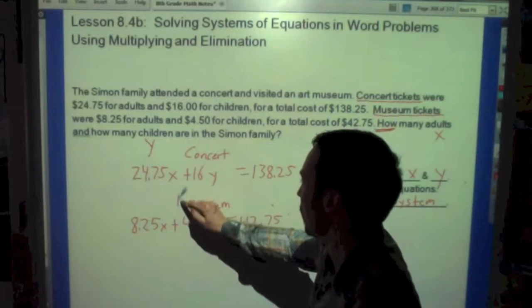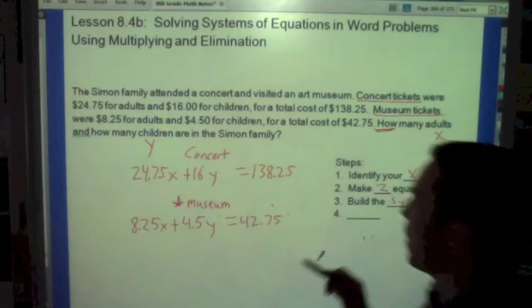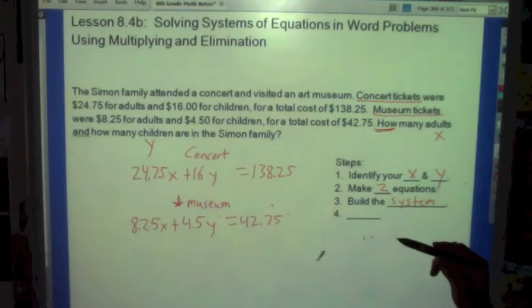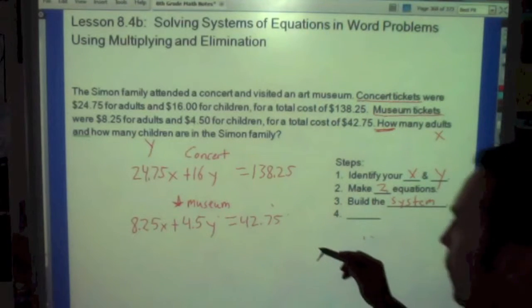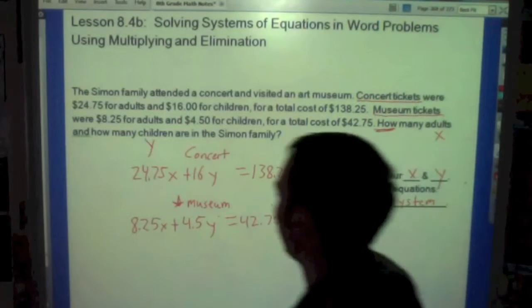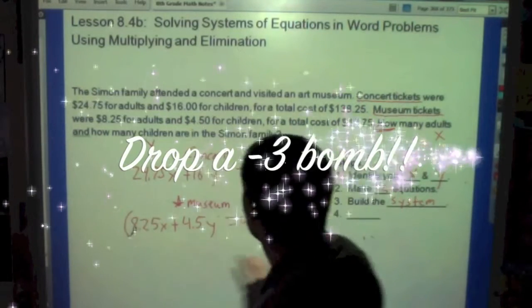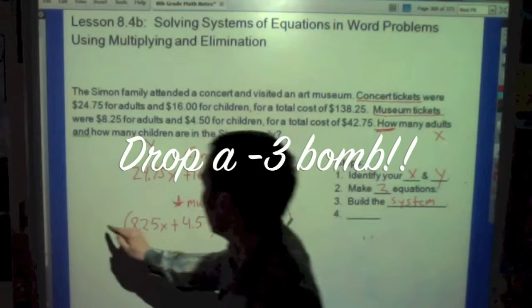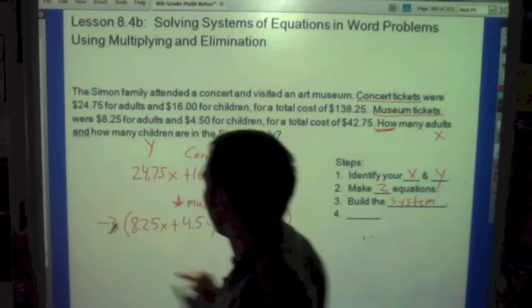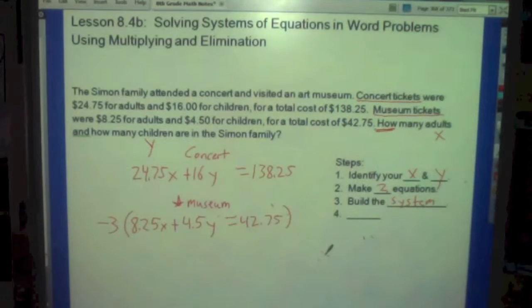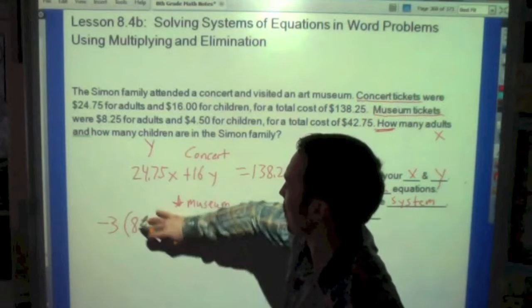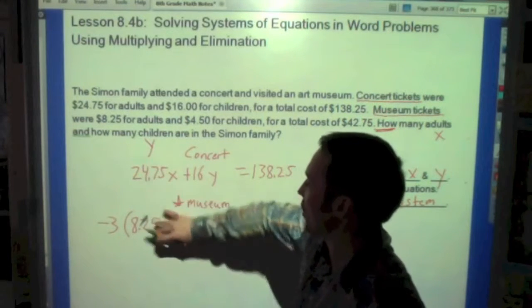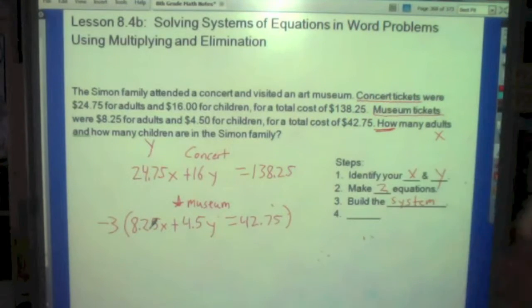If I use the museum equation, and if I multiply that equation by -3, I'm going to drop a -3 bomb onto that equation, because remember, my goal is I want to get these x's to cancel out. So I want the numbers to be the same.